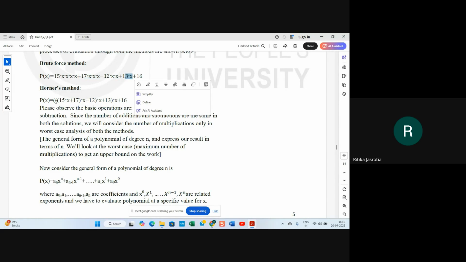So this 15 becomes x to the power 4 when you solve the brackets. For Horner's rule, it is this method. That's why you are multiplying once only every time.